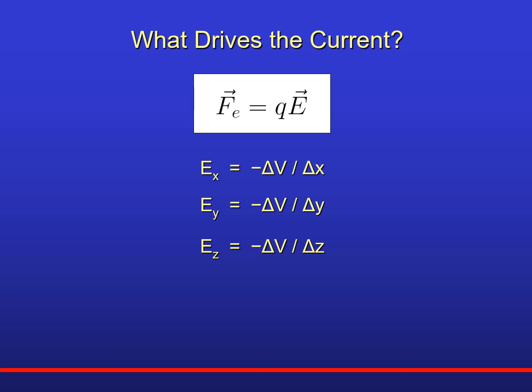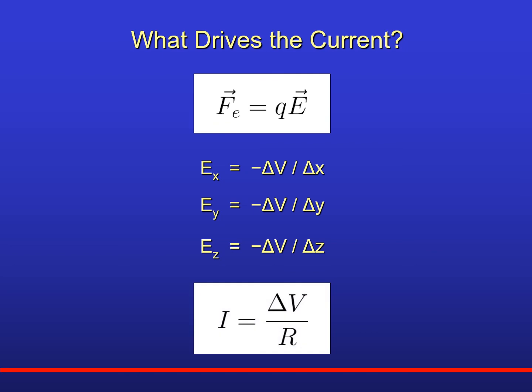So let's think about the current. The electric field creates the force equal to QE, and delta V also contributes, through the field, to moving charge, creating current. So here's the expression we start with. Current equals delta V over R. The larger the delta V, the bigger the current. You see it right there.